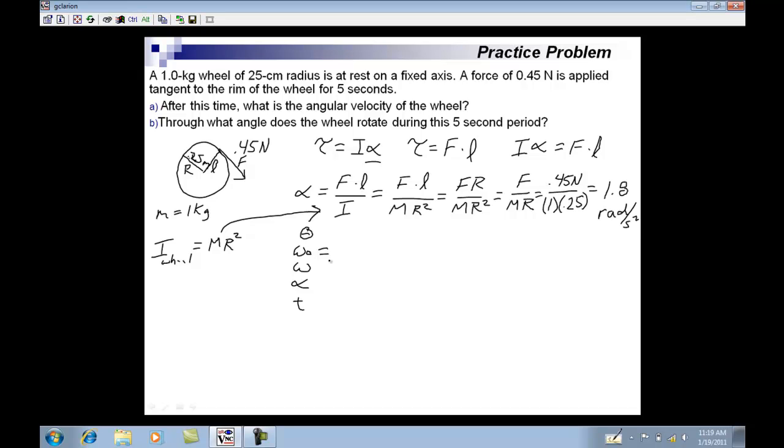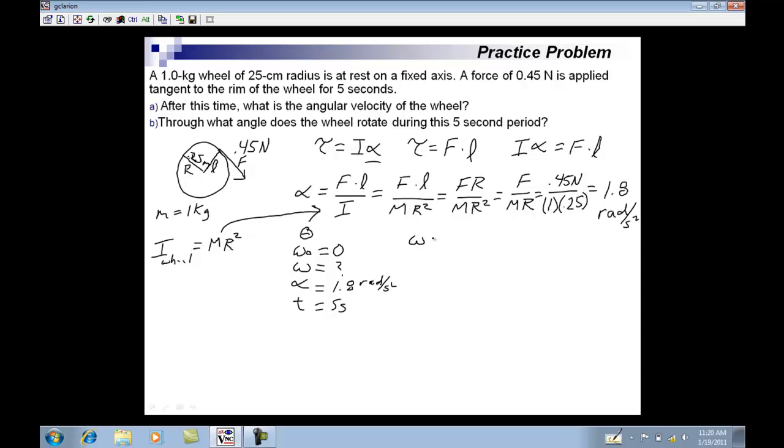What's the initial angular velocity? It's going to be 0 radians per second. We're looking for the final angular velocity. My angular acceleration is 1.8 radians per second squared, and the time is 5 seconds. Of my equations, which one should I use to solve for my unknown variable?